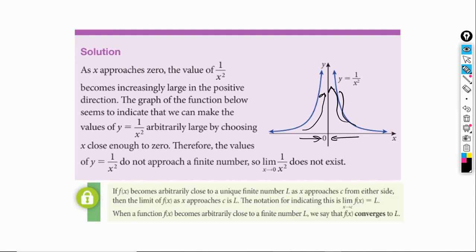In other words, we can conclude that the limit as x approaches 0 of 1 over x squared does not exist. Why is that? Well, because of the definition of limit. In order for a limit to exist, it has to converge to a value L, right? So we can see that here. Unless it converges to a value, the limit of the function does not exist.